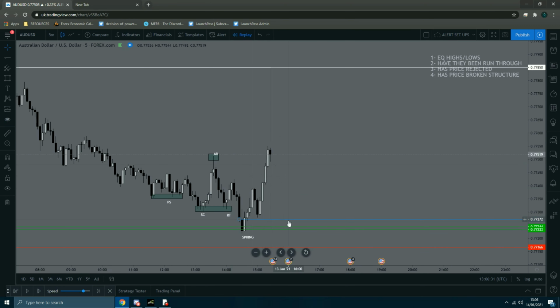Now, this is where there's two different ways to get into this market. Right there we came dropping into it, right into that candle. That was a spring retest.